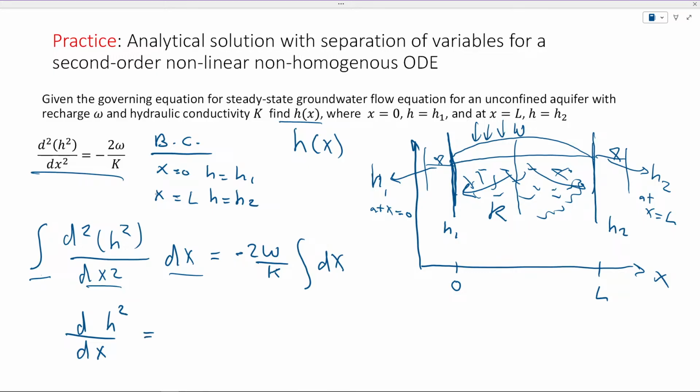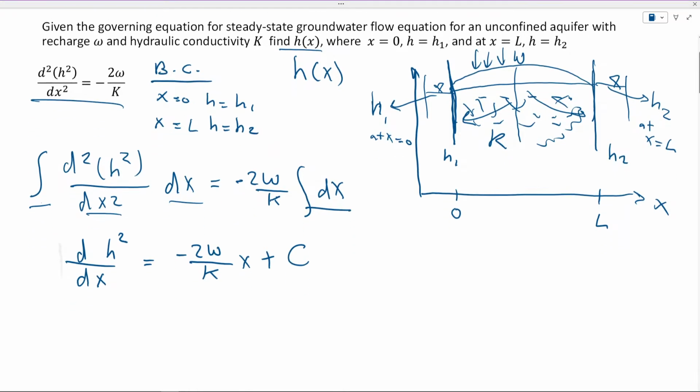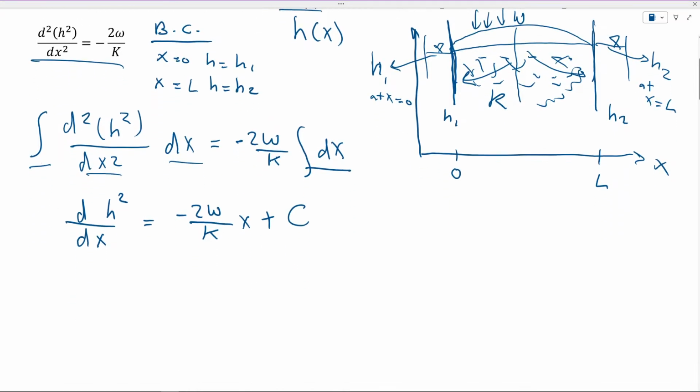And here, the integration of this would be negative 2wk x, plus a constant. Because remember, this reverses this, so if you want to get rid of one of these derivatives, you get something like this.